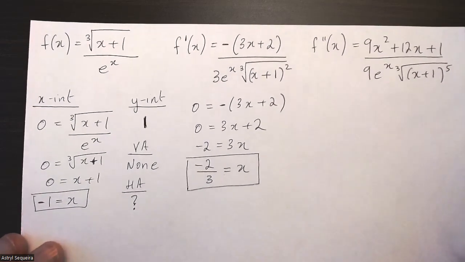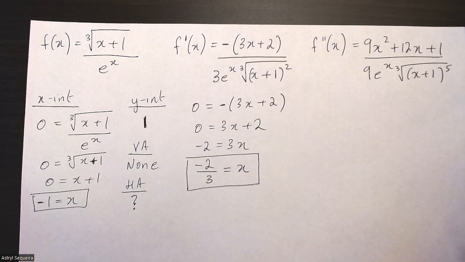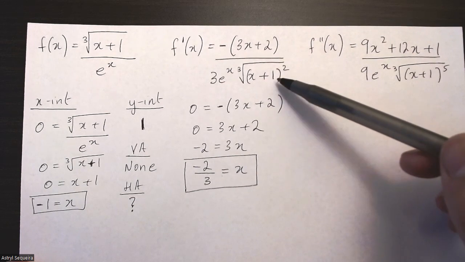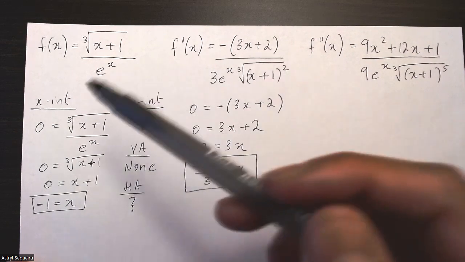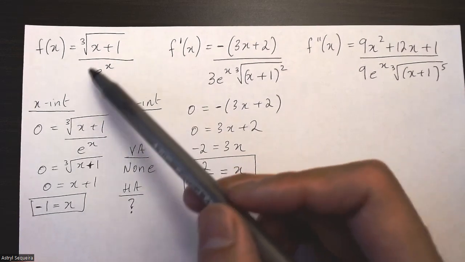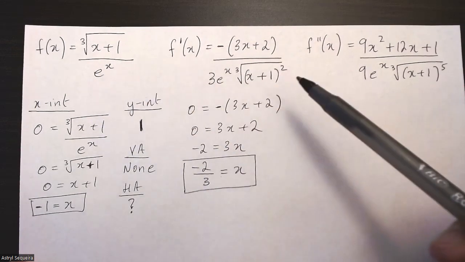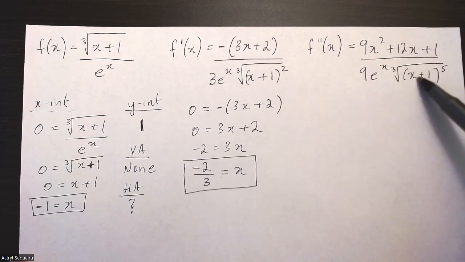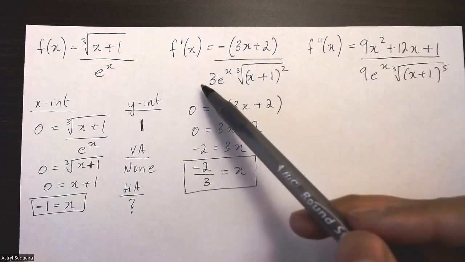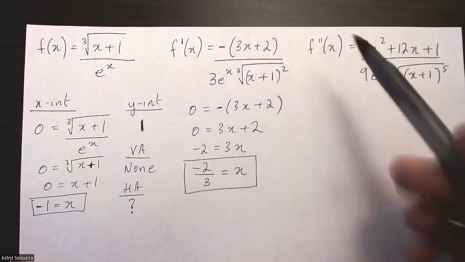Once we get the critical points, we want to find intervals of increase and decrease. But something we notice over here is that while the original function did not have any vertical asymptotes in the denominator, if you look at the derived and the second derived function, but most importantly, the derived function, there's a restriction in the denominator.